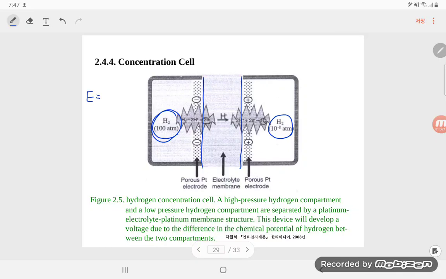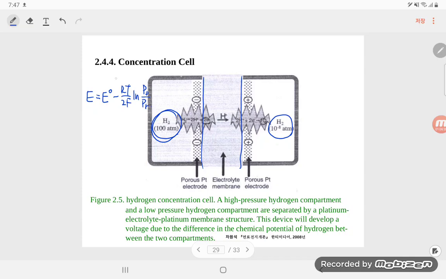So the reversible voltage in this situation is E0 minus RT over 2F ln P_product over P_reactant.